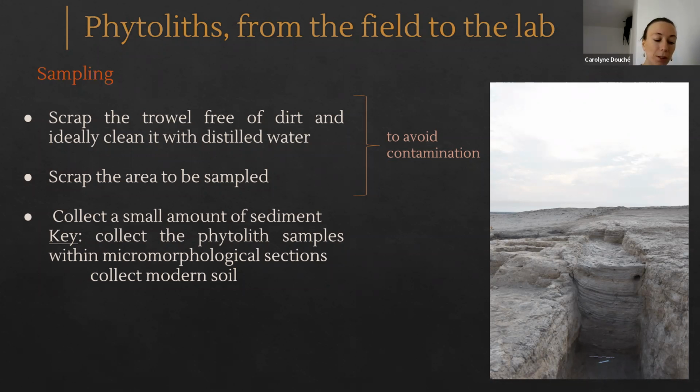For that reason, phytoliths are often collected within micromorphological thin sections. It is also strongly recommended to sample, in addition to the archaeological level, the surface soil of the site, which will allow taphonomic comparison, for example.